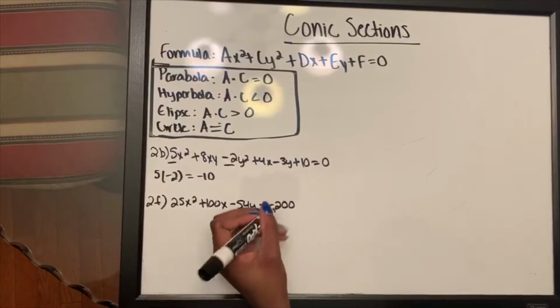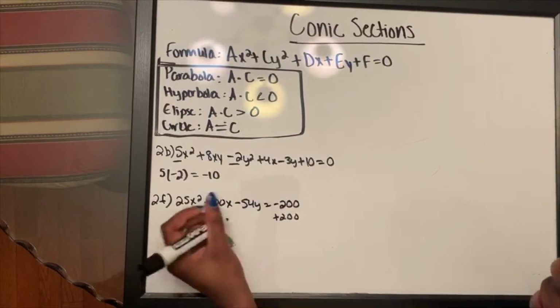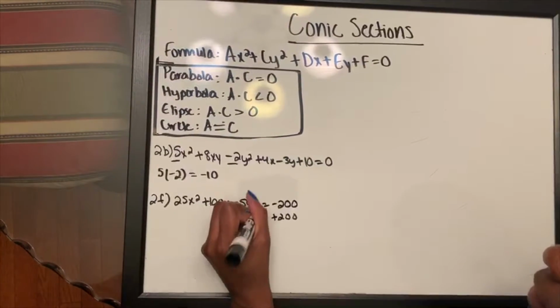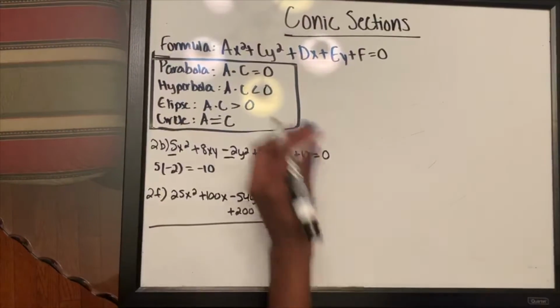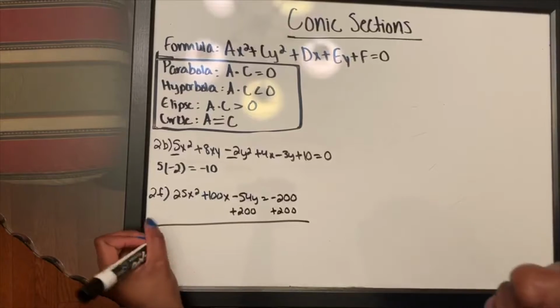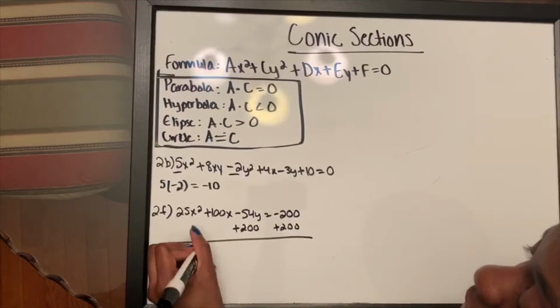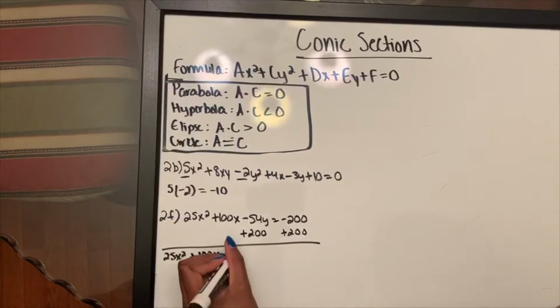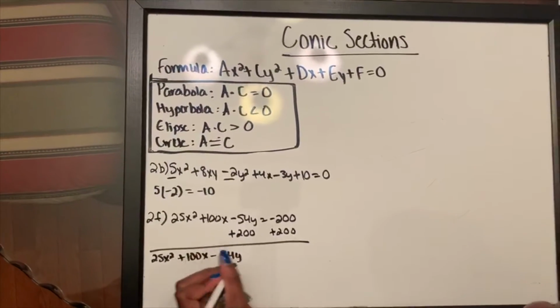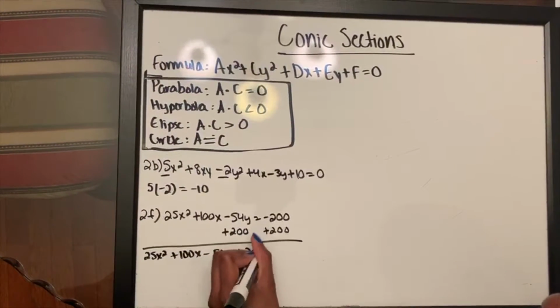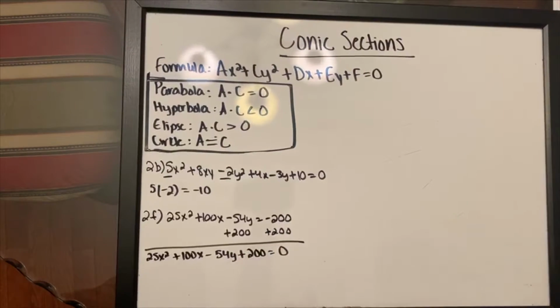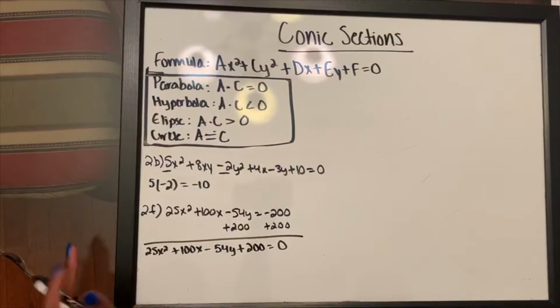So what we'd have to do is add 200 to each side in order for it to look like the formula shown. So it would be 25x squared plus 100x minus 54y plus 200 equals 0.